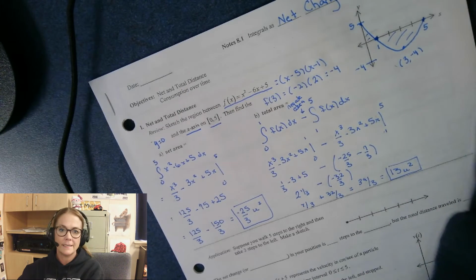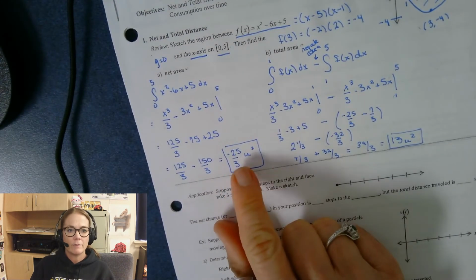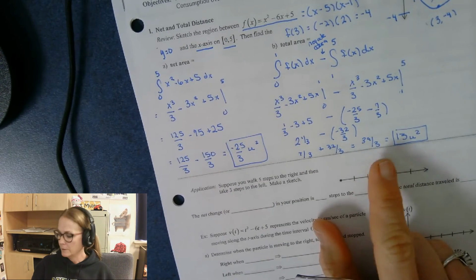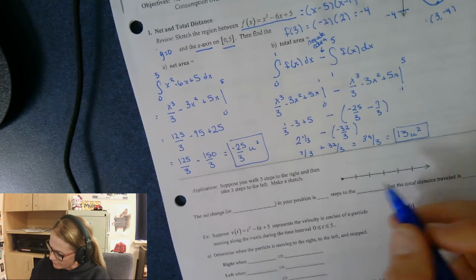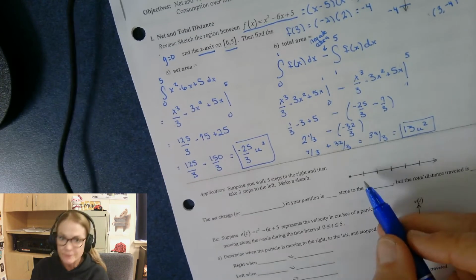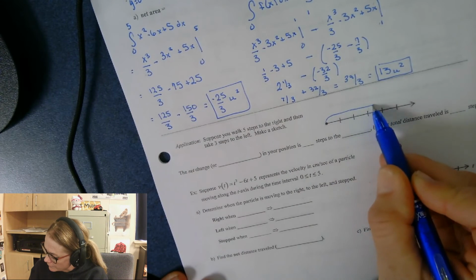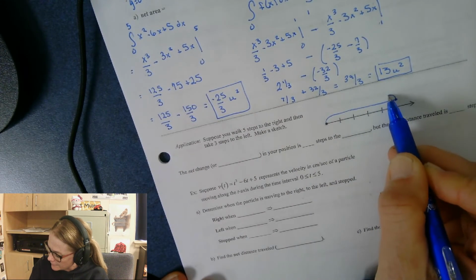Once again, just as a reminder, this is displacement, how far we are from the beginning of the problem, and this is total distance. Here, travel. All right, suppose you walk 5 steps to the right, 1, 2, 3, 4, 5, and then you take 3 steps to the left.